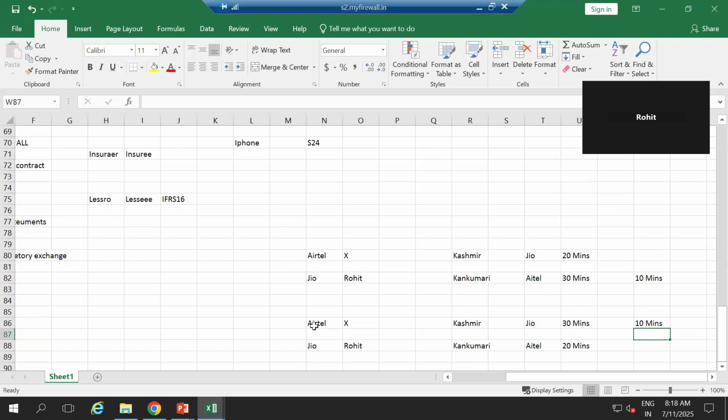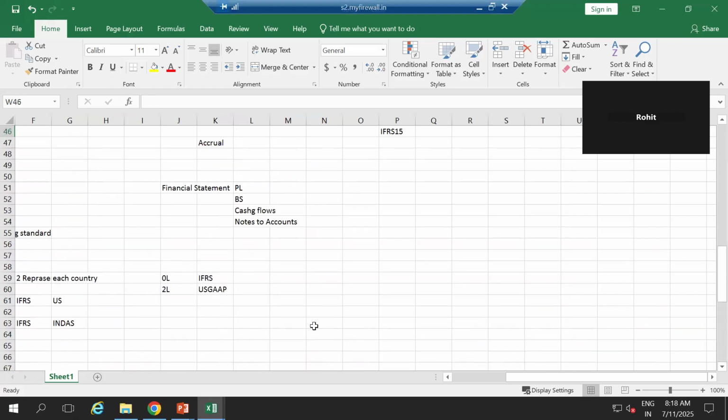No, right? So in this scenario, let's say I'm the Jio company, I cannot identify whether Airtel is a customer to me or a supplier to me. It's a business partner. As long as I know, it's a business partner. So can I apply IFRS 15 in this case? The answer is no. I cannot apply it, because what is the definition of IFRS 15?